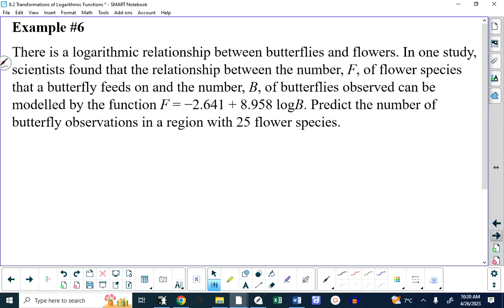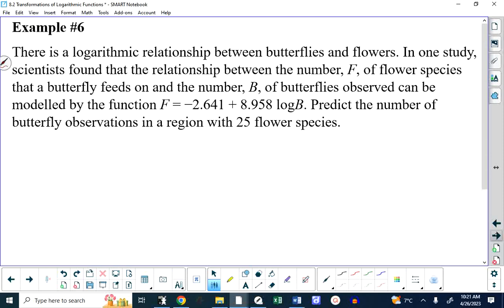Let's do one more. The first time I saw this, I thought somebody's having me on here. Somebody's pulling my leg, as my dad would say. It says there's a logarithmic relationship between butterflies and flowers.